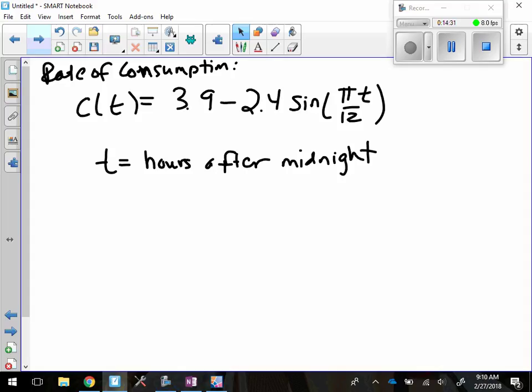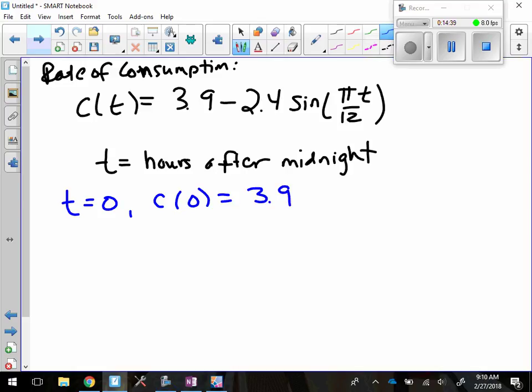So if we look at this equation and we take t equals 0, which means we take C of 0, that gives us 3.9 minus 2.4 times the sine of 0.